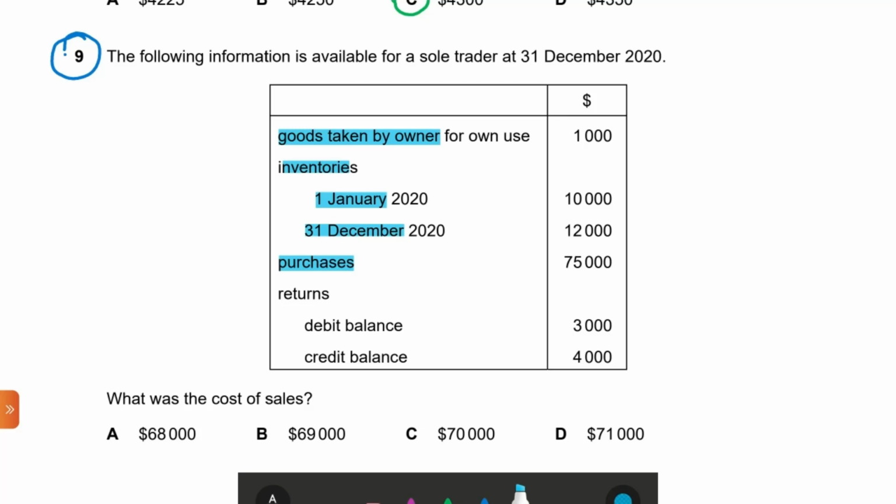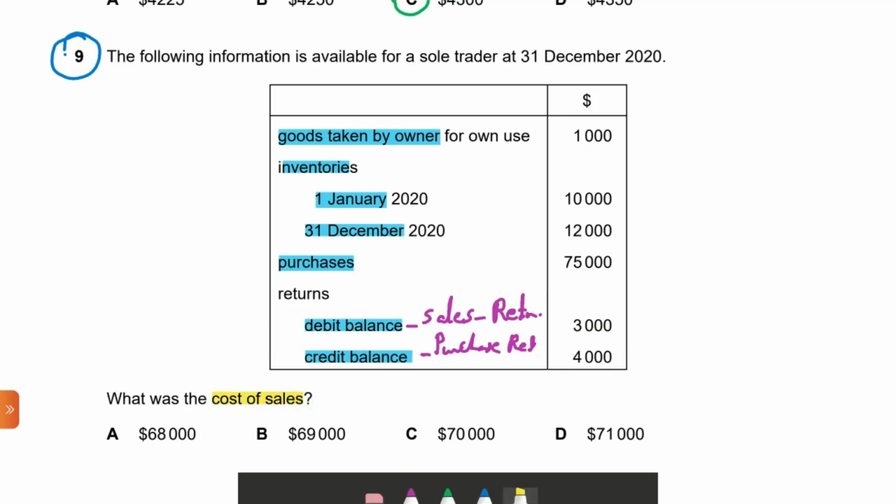What is return debit balance? That is sales return. What is return credit balance? That is our purchase return. Purchase return is also given. What was the cost of sales?